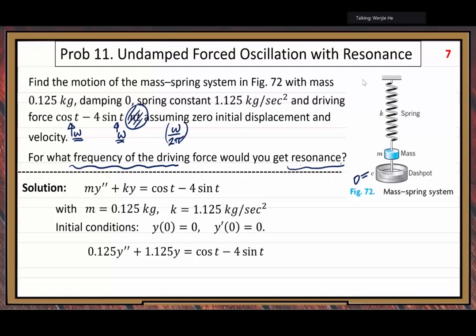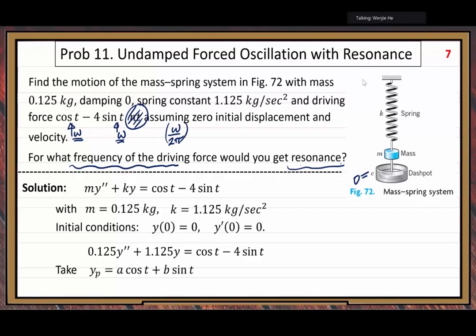Then to solve it, let's try to solve it first. You have these two parts, YP and YH. So you need to determine YP and then YH.